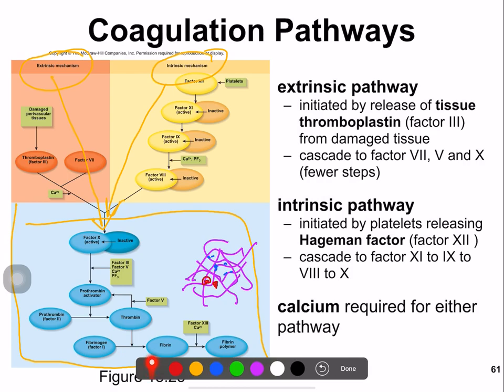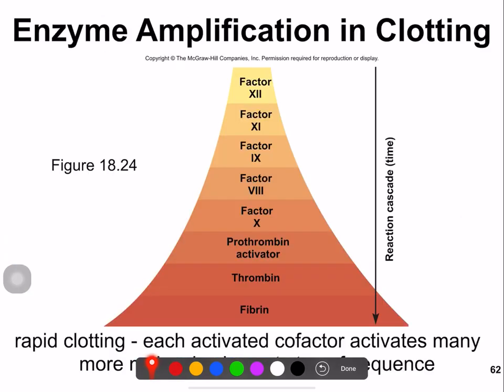Just that big mesh where we have red blood cells and platelets stuck within it and other materials. So we're just going to go over here to the side and remind ourselves you can start from the extrinsic pathway or the intrinsic pathway. And in both, calcium plays a role. Now, I just want to talk briefly about the enzyme amplification. That's the concept that if I activate a little bit of the first factor, it doesn't get used only once. It can actually activate a number of the next factor in a row.